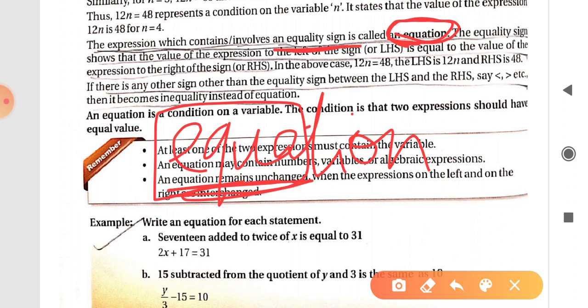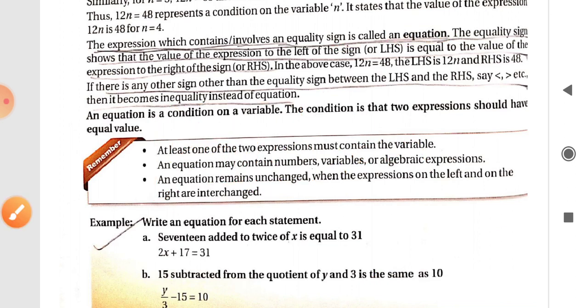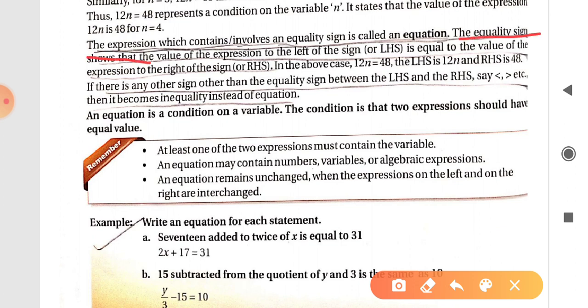When two algebraic expressions are equal, that is when there is an equality sign in the algebraic expression, then we will call it equation. The equality sign shows that the value of the expression to the left of the sign is equal to the value of the expression to the right of the sign.